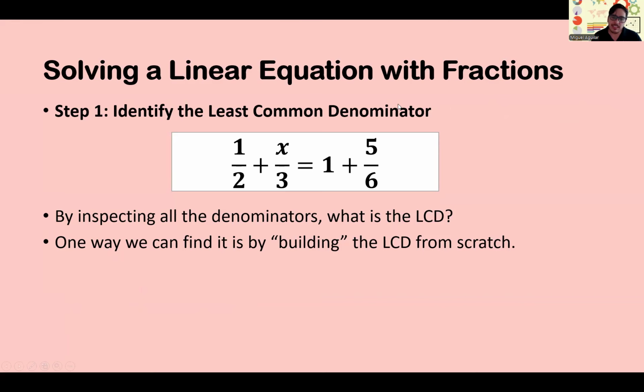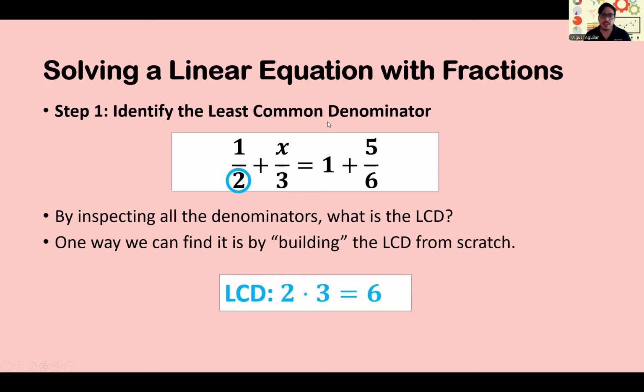So if you look at the denominators 2, 3, and 6, and if you just quickly write down a list of those common multiples, you'll figure out that the LCD is 6, which is the same thing as 2 times 3. So when you're solving these kinds of equations, if you have a more complicated denominator or a bigger denominator, look to the smaller denominators because usually those are factors of the bigger one.